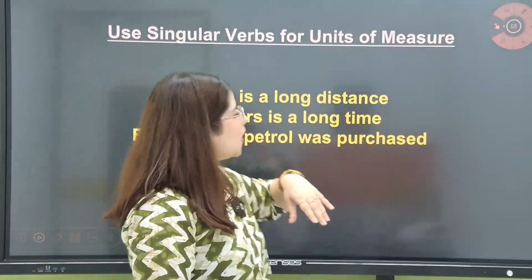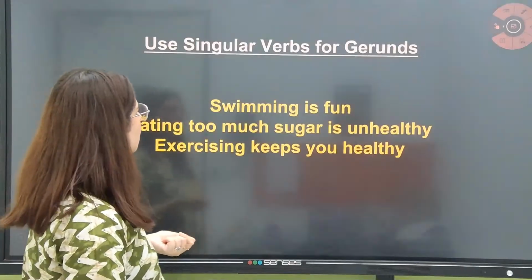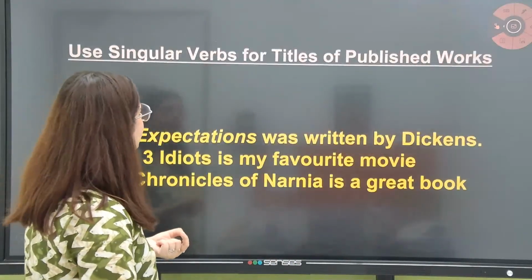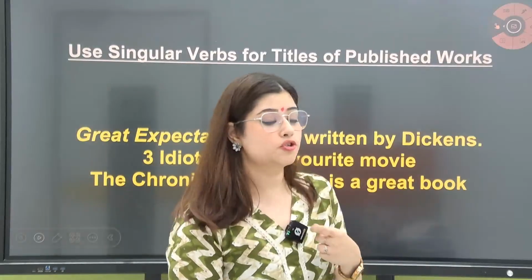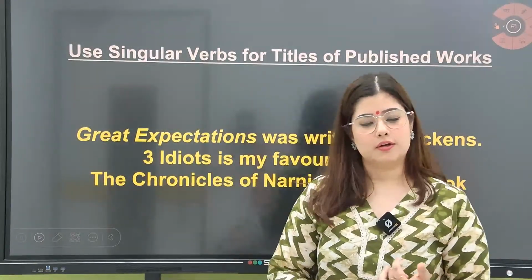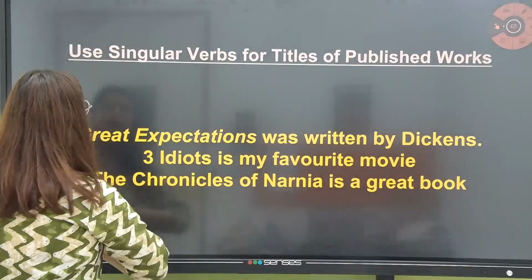Use singular verbs for units of measurement. Use singular verbs for gerunds. Use singular verbs for titles of published work. Any book, any novel, any movie that we are talking about, we'll use a singular verb form.